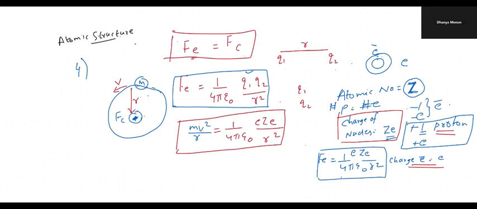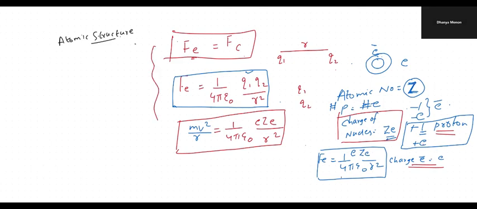Okay. Now the fifth postulate of Bohr was that while revolving in a particular orbit, the electrons do not lose or gain energy.